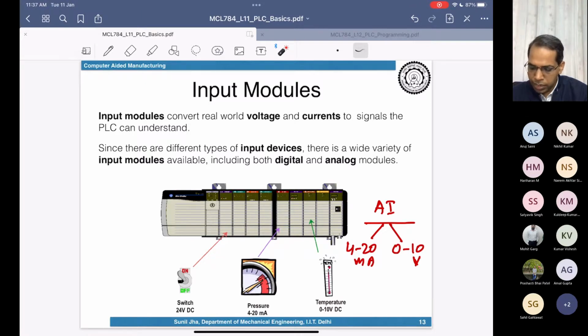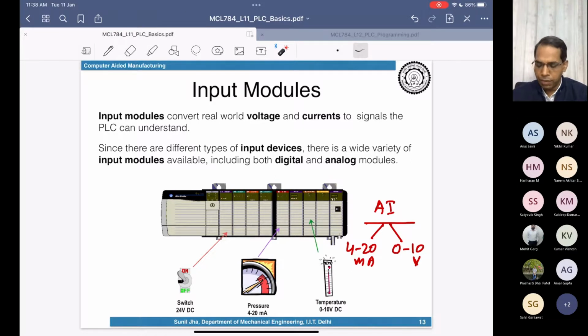When the sensors are closely placed near the controller, for example if I have a temperature sensor and I wire it near the controller only, then the voltage drop in the wires connecting the sensor with the controller is not significant.